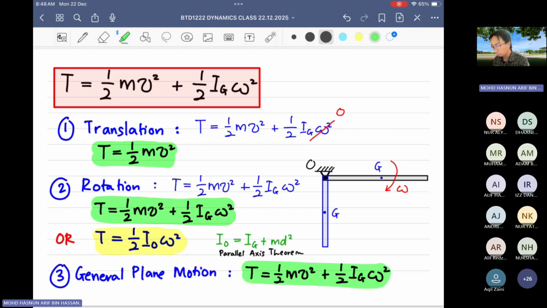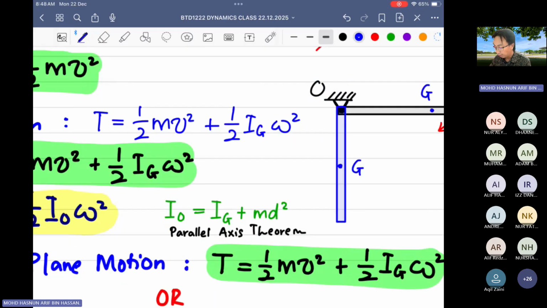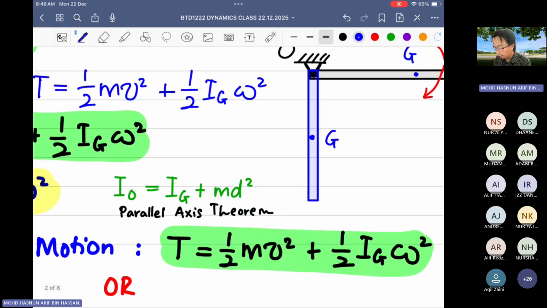But also for general plane motion, you have another option as well, like the rotation. You can also calculate the kinetic energy by finding the location of IC. So you have now T is equal to 1/2 Iic ω².